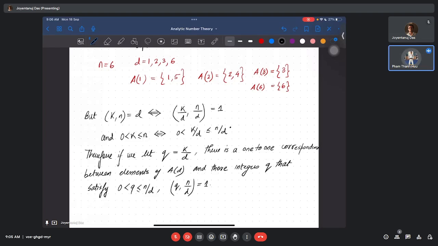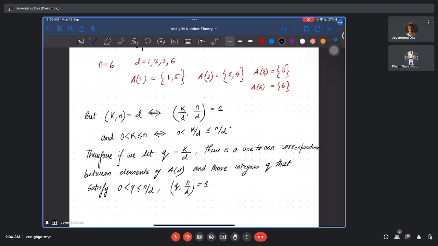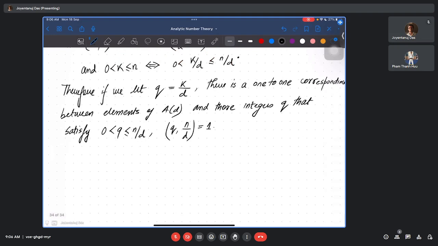But what is this q? The number of such q is phi of n by d, that is the number of things that are co-prime, relatively prime to n by d.